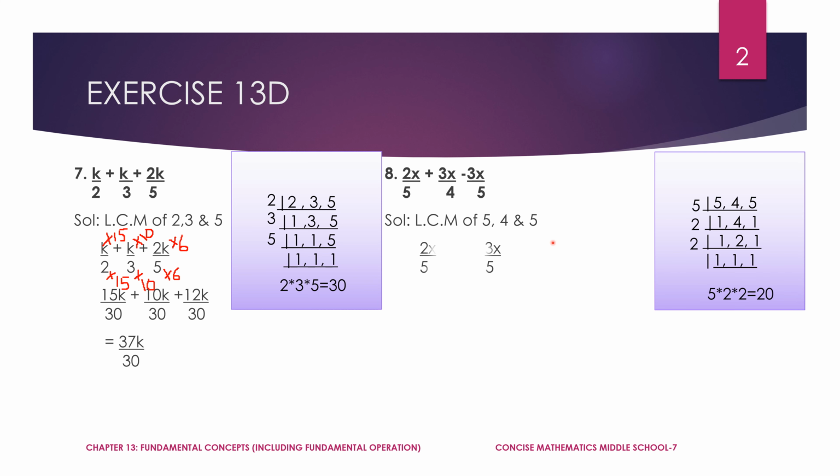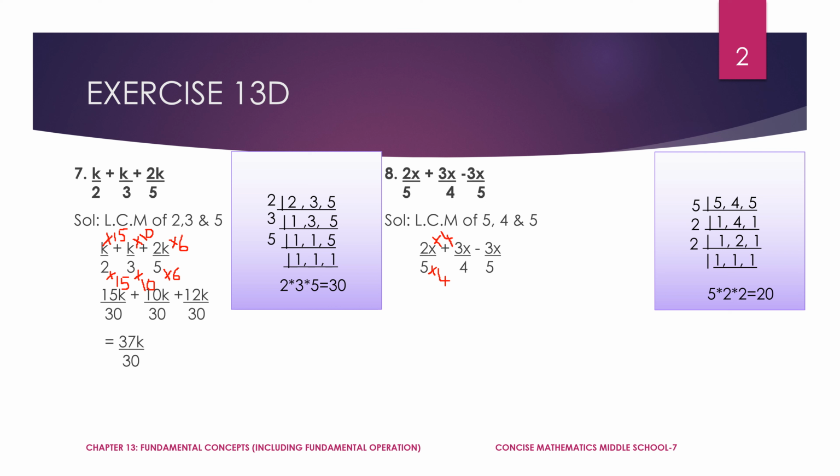Right? Now let's make these denominators equal. With 5, which number should be multiplied to get 20? You can multiply it with 4. Right? 5 fours is 20. So when you are multiplying the denominator with 4, even the numerator should be multiplied with 4.